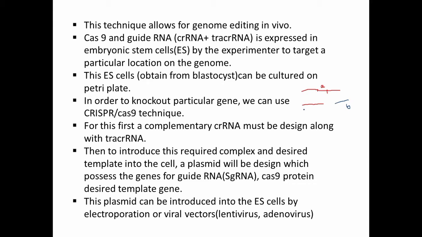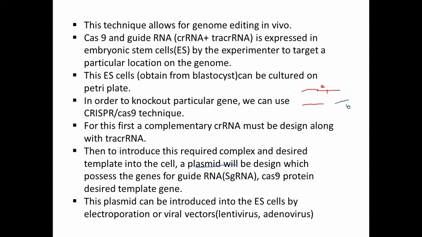So I will design a complementary CRISPR RNA. Then I will insert this CRISPR RNA gene, not exactly the CRISPR RNA, but you can even design a DNA sequence which can be transcribed into a CRISPR RNA, within this plasmid.